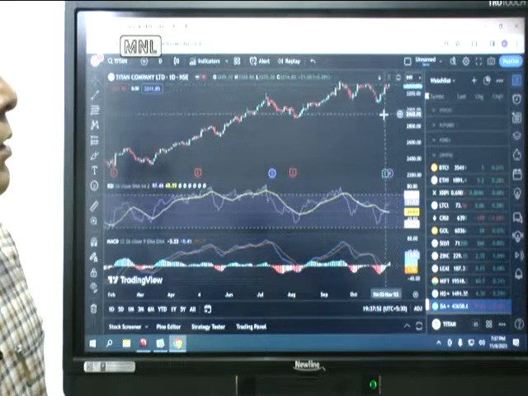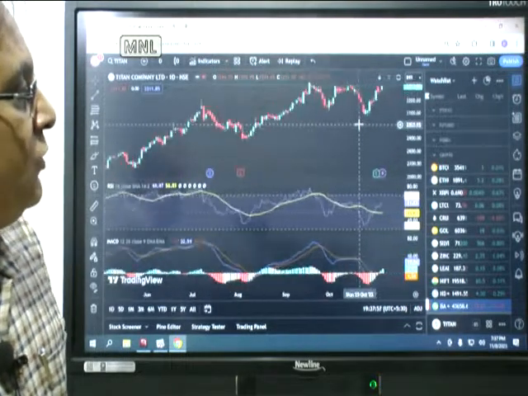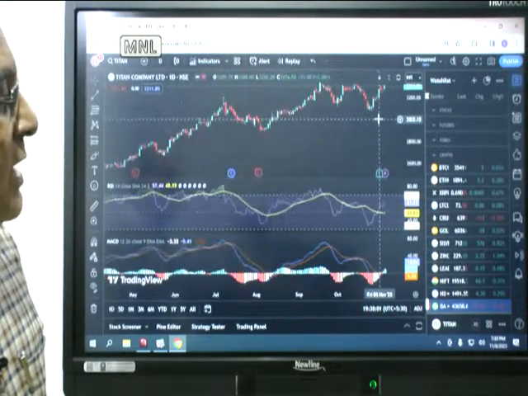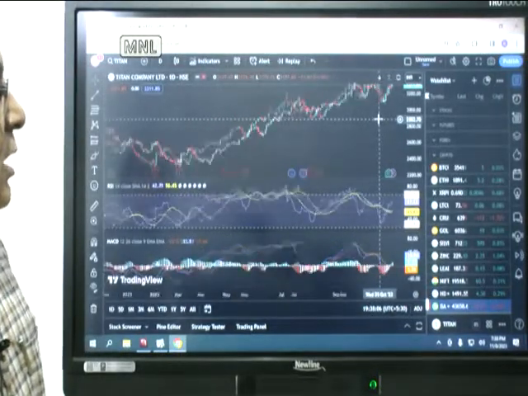Now let's look at this chart right now. Suppose it starts to go up and we don't get any divergence in the chart; there is still a good chance that we may see some divergences.